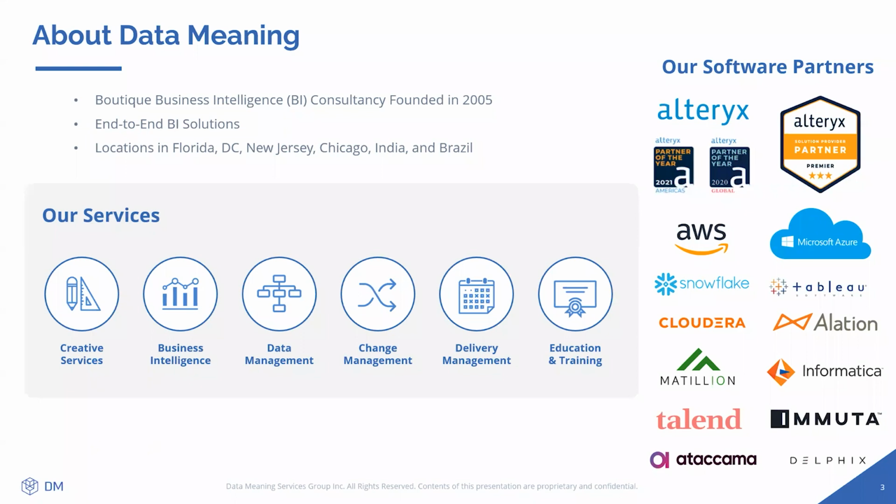We work with all of them. We are a boutique business intelligence consultancy founded in 2005. We provide end-to-end business intelligence solutions, and we are located in Florida, DC, New Jersey, Chicago, India, and Brazil.